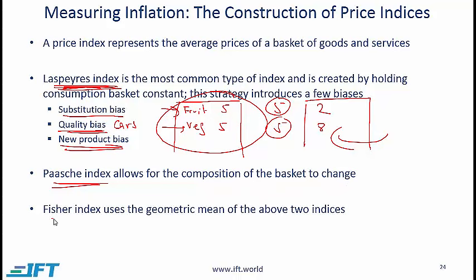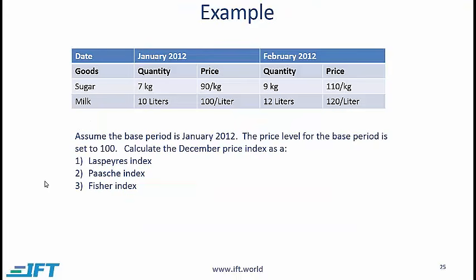And finally, we have a Fisher index which uses the geometric mean of the above two indices. Now let's work through this example which will illustrate how we calculate the index values. I want you to actually calculate the index values and then also show the inflation rate.